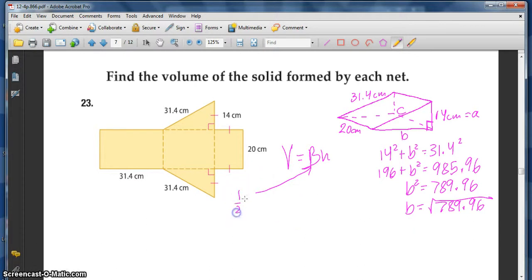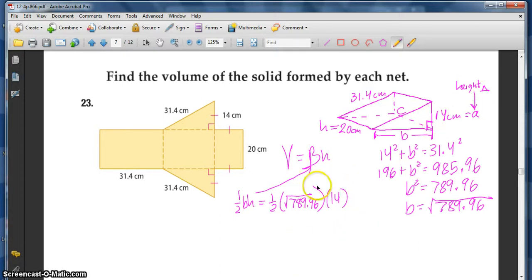The area of my base is half of the base times the height of the triangle. Okay, the height not to be confused with the height of the prism. So my base and my height of the triangle, this would be equal to half of the square root of 789.96 times the height of my triangle, which is 14.